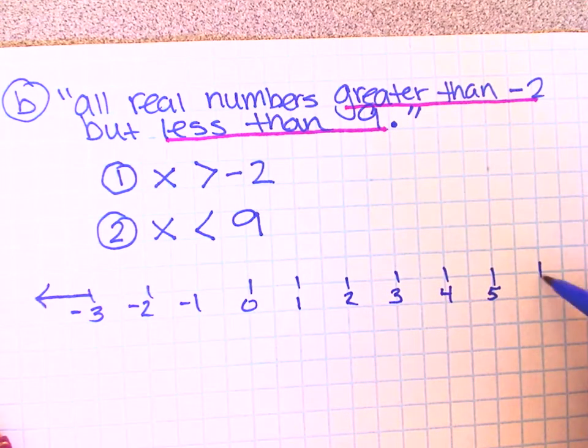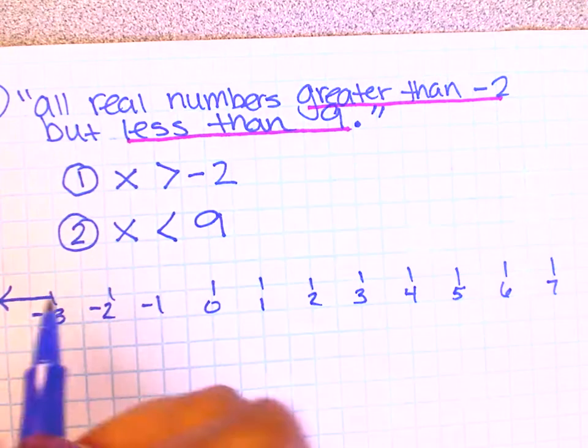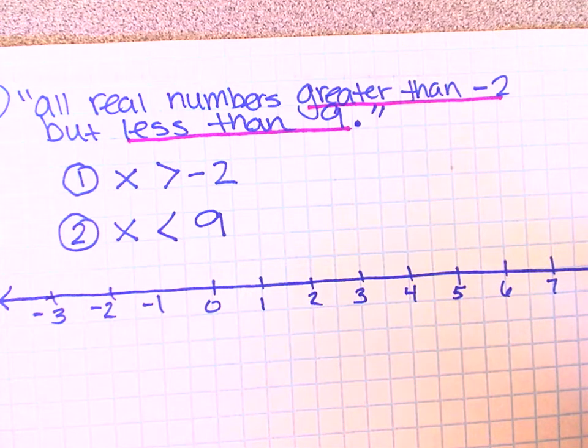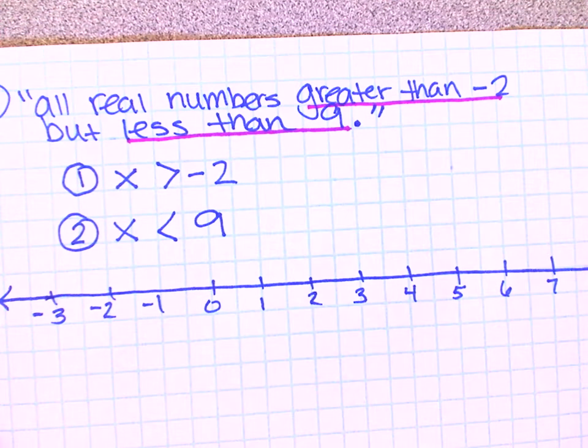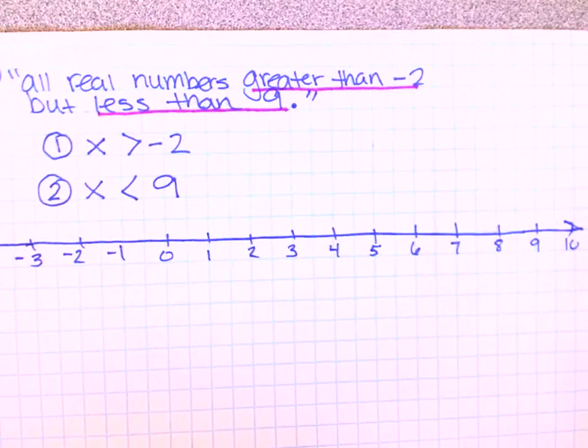And again, you can number them any way you want. Mine's going to be kind of long. I'm going to take up kind of my whole paper over here. So I'm going to go ahead and draw my line. You can see mine kind of goes all the way to the end.